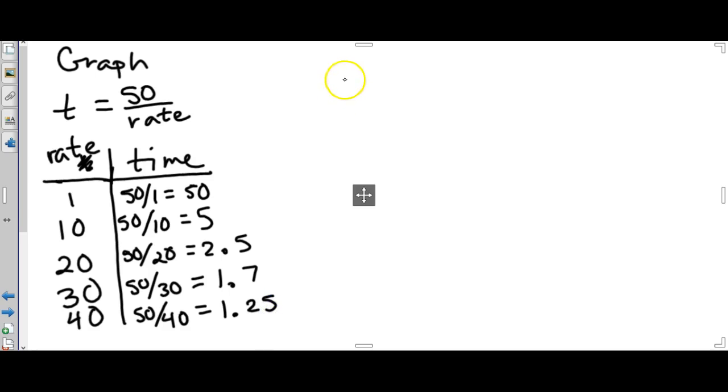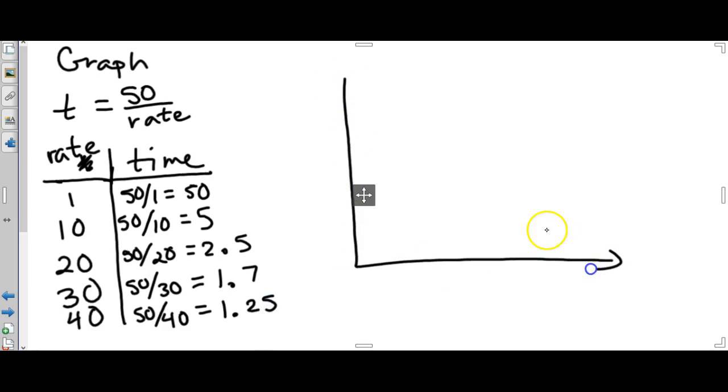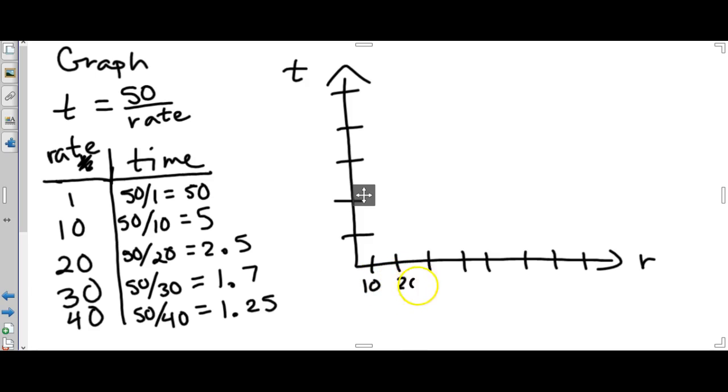So now let's draw a graph. This will be our rate. This will be our time. And we can plot some points. A rate of 1 mile per hour is 50 hours. I should label these though first. I'm going to go by tens.